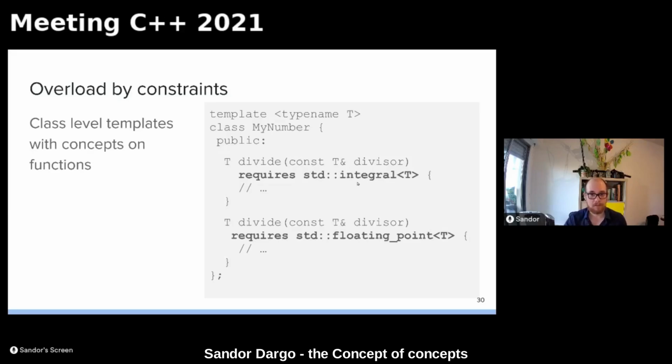One for integrals and one for floating points. So this comes quite in handy when you want to specialize your template class's behavior based on some type characteristics, type traits.